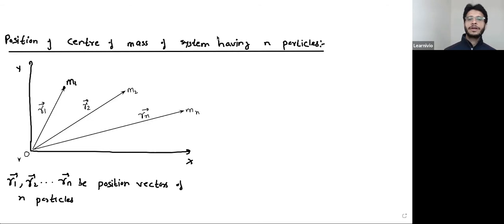Next, we have to locate the position of center of mass. The center of mass of the system will lie somewhere in between these masses. Let's say center of mass is lying here. If center of mass is here, then from the origin, the position vector of the center of mass is R. This capital R is the position vector of center of mass. Position vector means separation of this point, center of mass, from the origin.